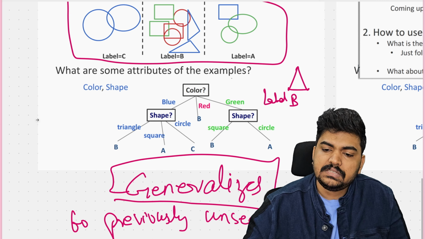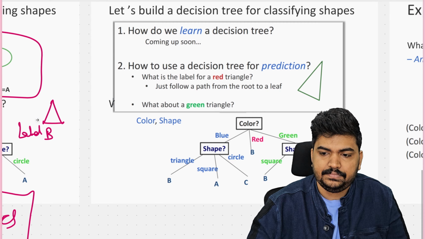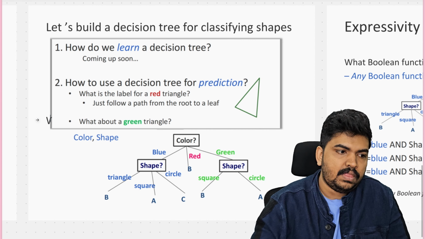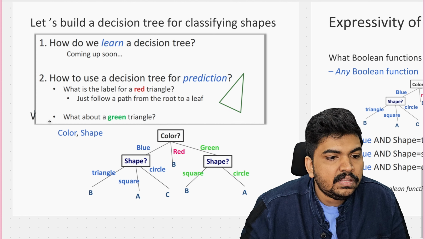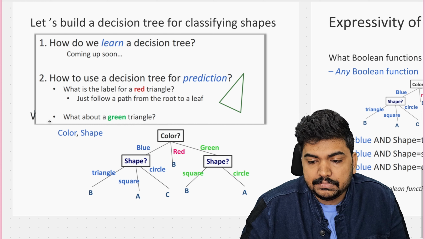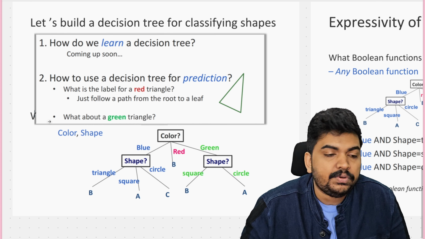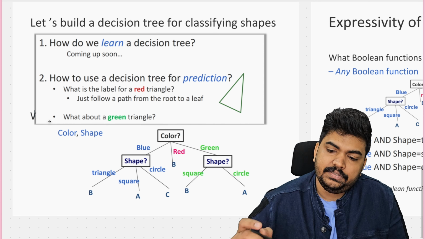So this is how decision trees are built. Now, that was purely for illustration purposes. The learning is not that straightforward, because what happens if we have a green triangle?